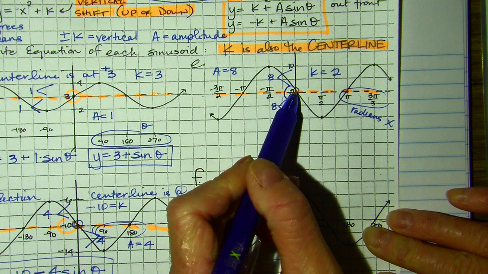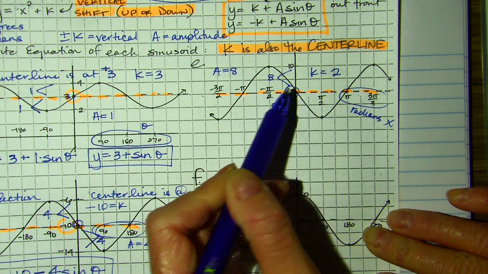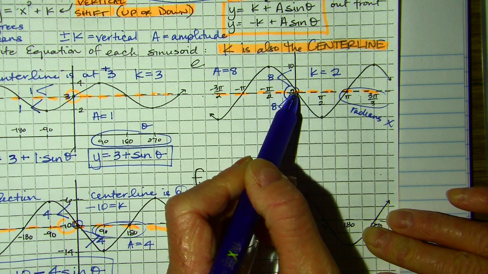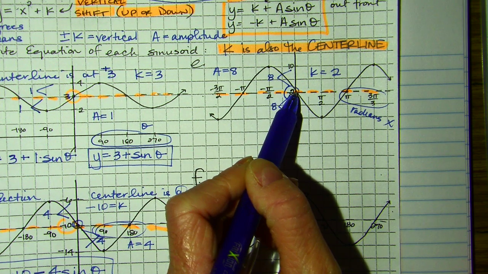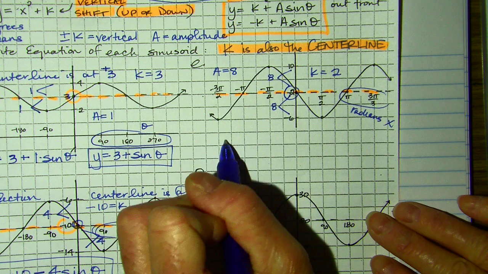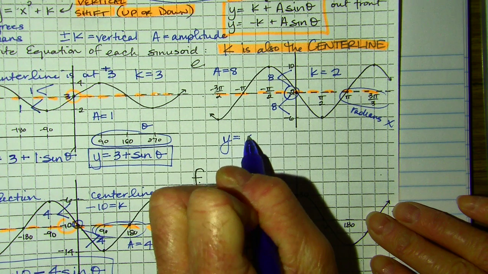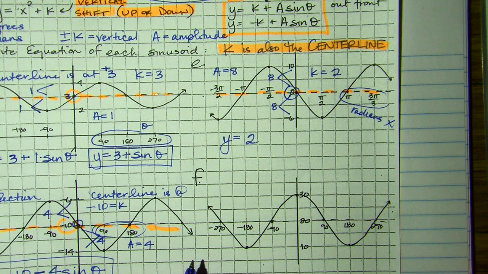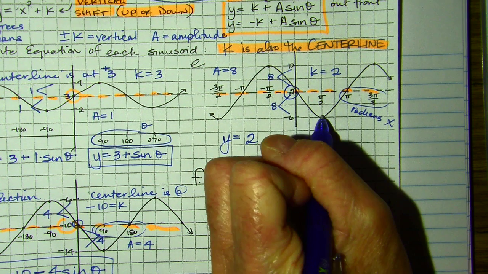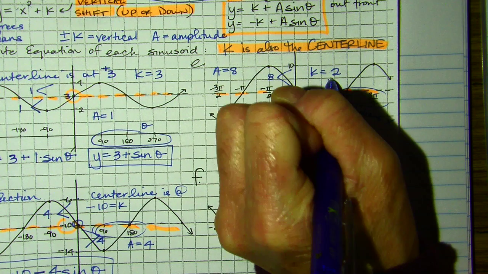Now, based on the fact that my y-axis is not a peak or a valley, it's the middle, I know that this is sine. So 2 is first. Now I notice, right, a normal sine function, this should be up here.